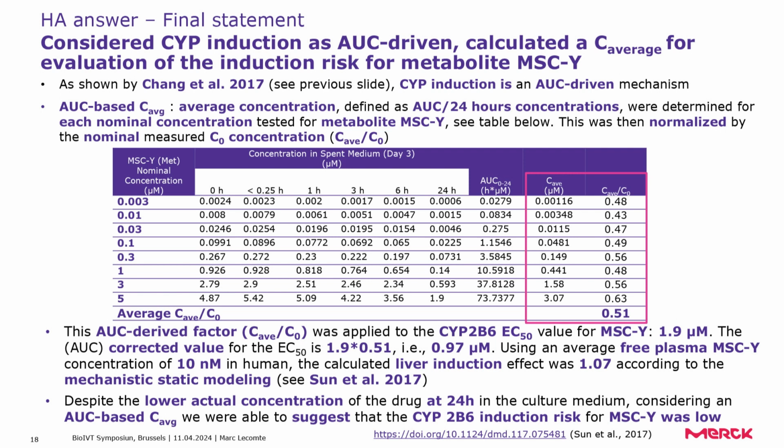I don't enter the detail of what is mechanistic static modeling. The liver induction was 1.07. So remember, the threshold is 2. So using the rationale of an AUC-driven mechanism, we are able to suggest that there is no induction, 1.07. So we were then answering that this suggests, based on AUC-based average, that the induction on 2B6 by the metabolite was low.